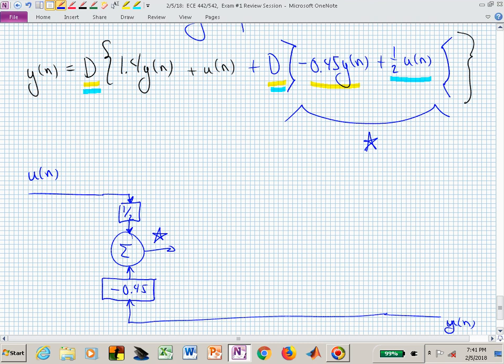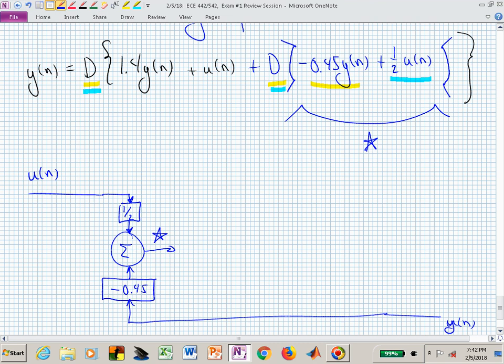Does that look like I've generated star where I need to generate star? The output of that summing junction better give me minus 0.45 y of n plus 1/2 u of n. That's what I say star is.